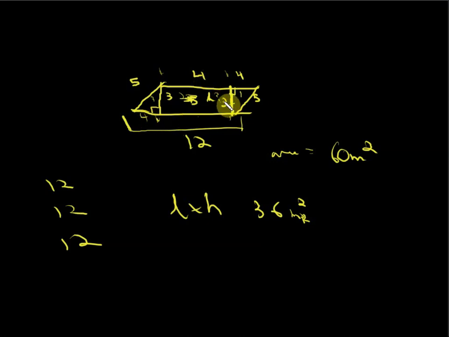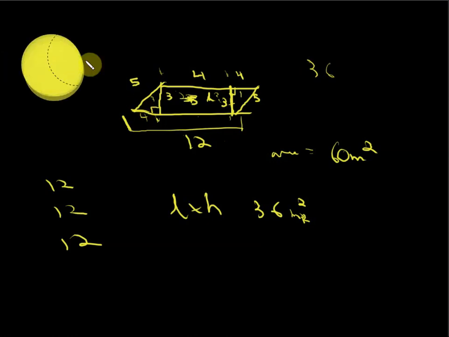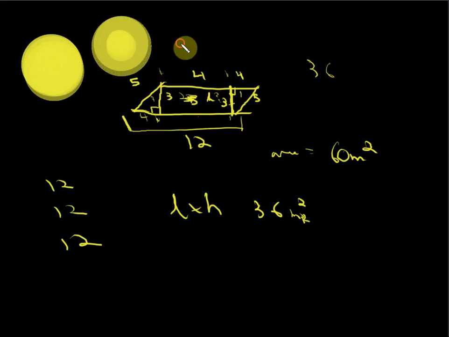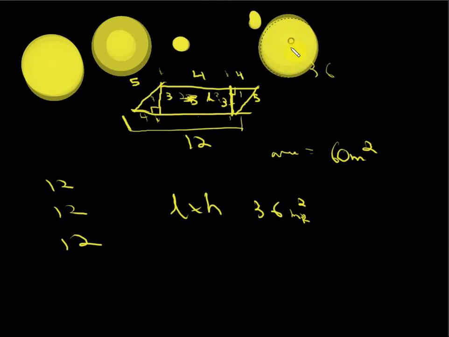Yeah, this is 3 times 4 is 12. 12 times 3, so 36. So actually something's not turning out right. Whoa, that didn't turn out right. Something didn't... What happened here?